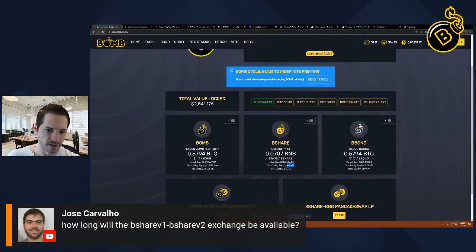It'd be impossible. Plus, because we're not stopping anything in BOMB from operating, there is a decent chance that with the swaps we're doing from BOMB to the peg tokens, and with the new share token being as lucrative as it's going to be, either to be one of the first ones in the boardrooms or to farm the share farm, it's going to be really desirable to get a hold of that new share token.